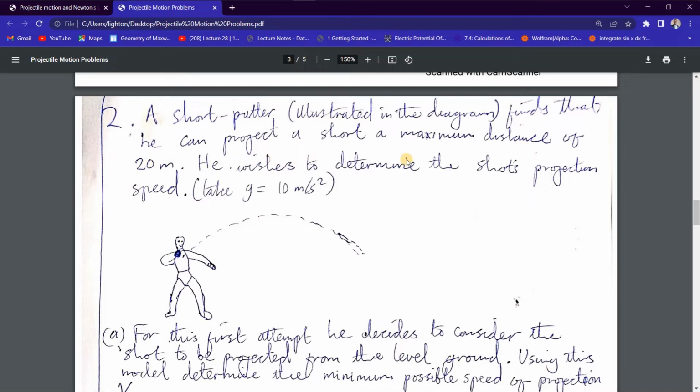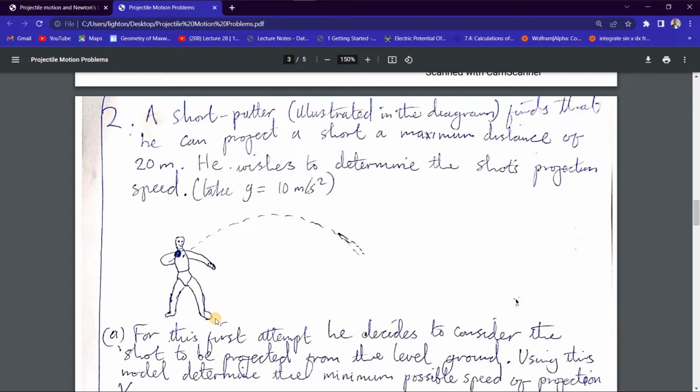He wishes to determine the shot's projection speed, which is the initial speed. And we've been given to take g equals 10 meters per second squared.